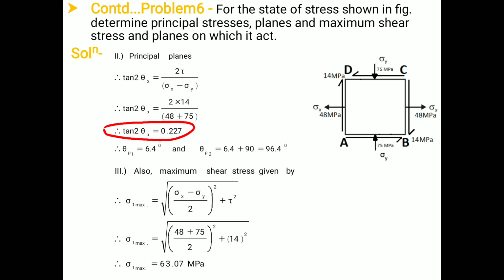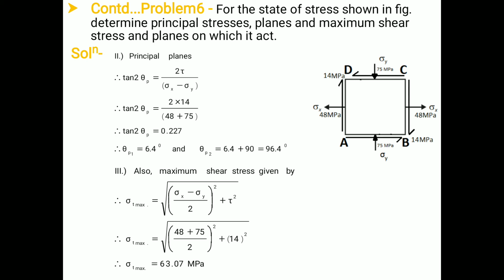From this equation we will have two values of the principal plane. The first value, theta p1, is 6.4 degree. The other value, theta p2, will be 6.4 plus 90 degree, so it will become 96.4 degree. So the difference between the principal planes is 90 degree. These are the planes on which the principal stresses are acting.